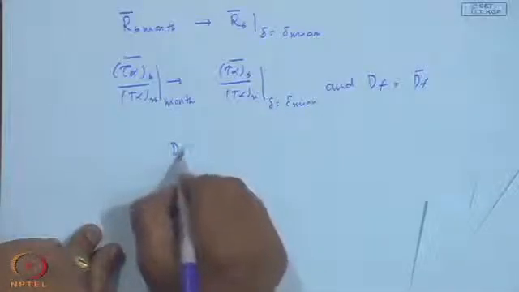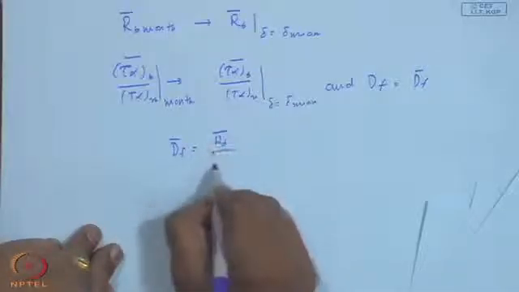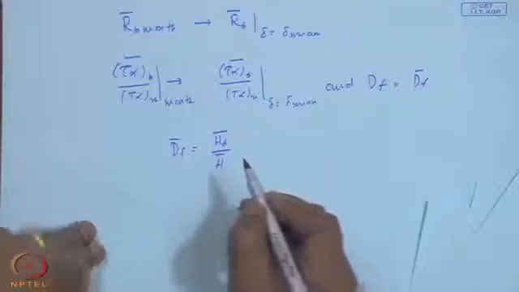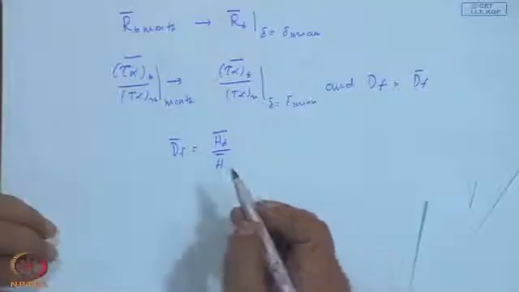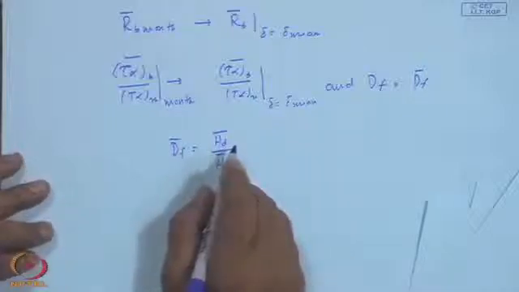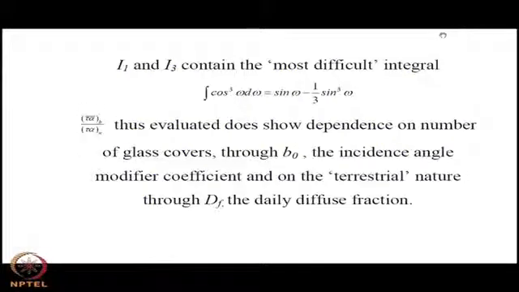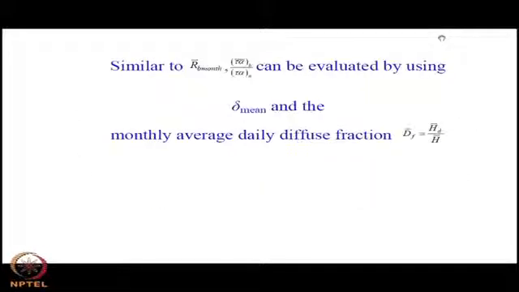Df bar is hd bar upon h bar. So, if you use the monthly average daily diffuse fraction, you will get the monthly average transmittance absorptance product for direct radiation. So, this is what we could achieve.